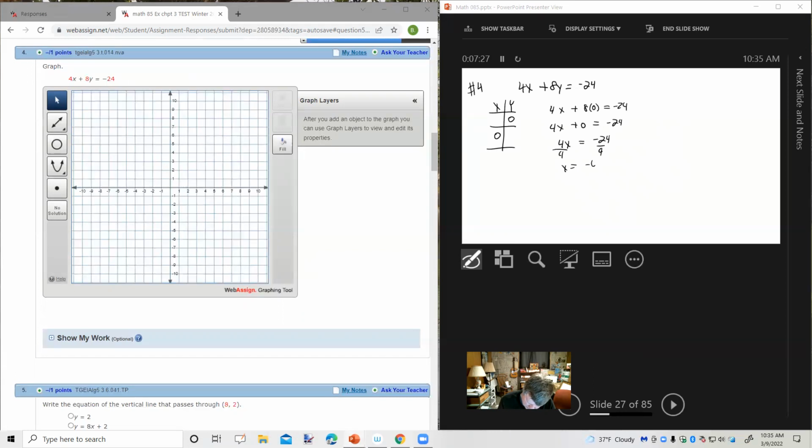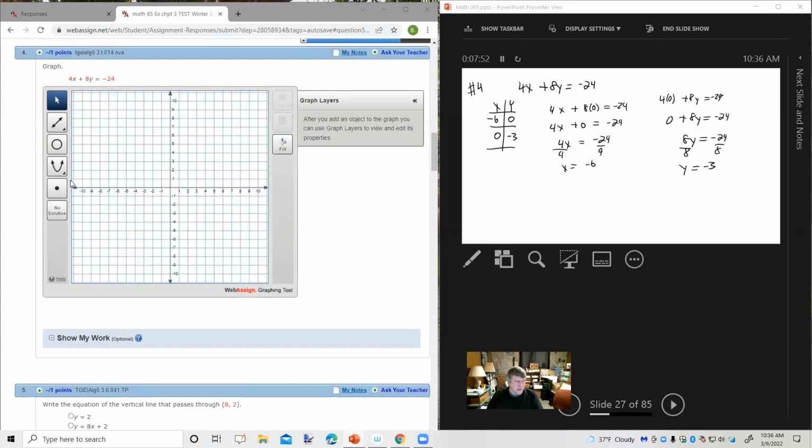Divide both sides by 4. x equals negative 6. If x is 0, 4 times 0 plus 8y equals negative 24. 0 plus 8y equals negative 24. 8y equals negative 24. Divide both sides by 8. y equals negative 3.